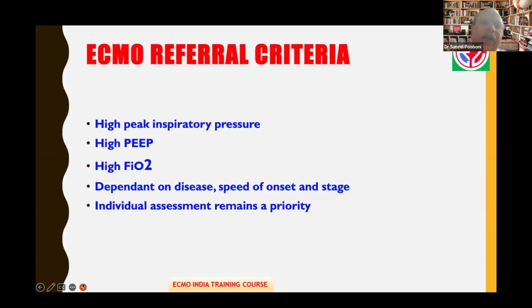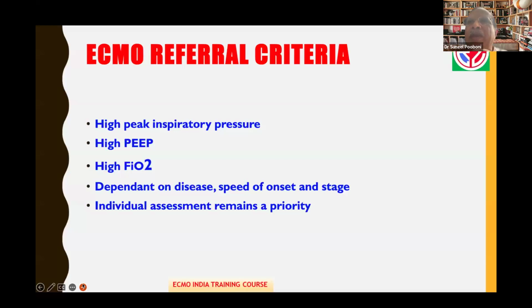The referral criteria are high peak inspiratory pressure, high PEEP, and high FiO2. But here these high indicators are taken only during the duration when high support is needed for the patient.